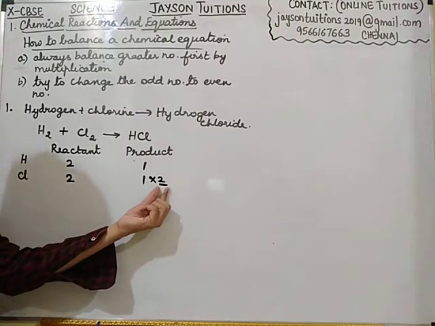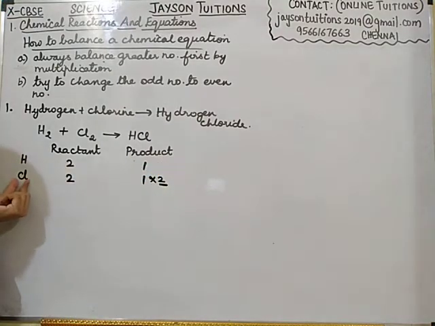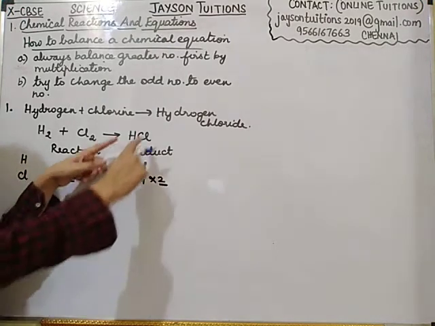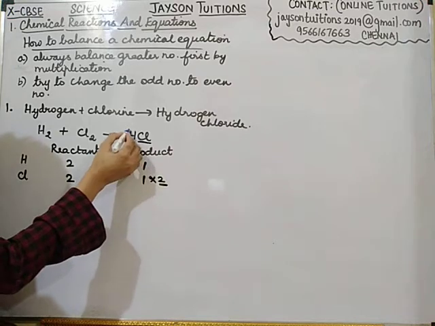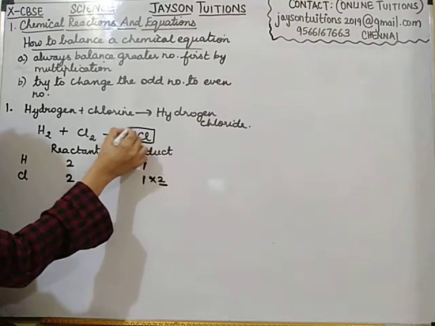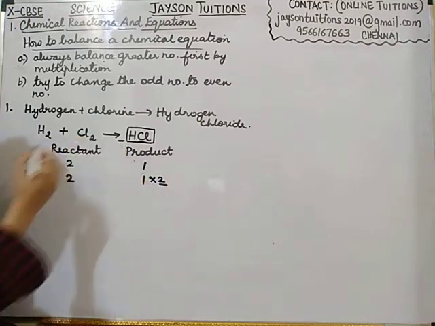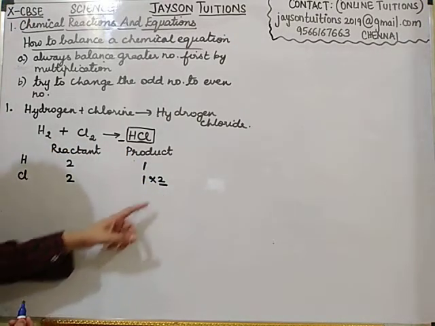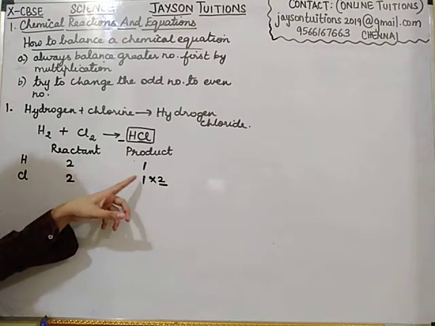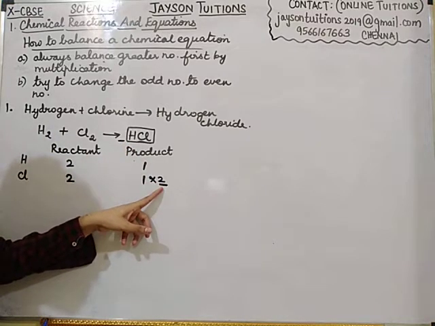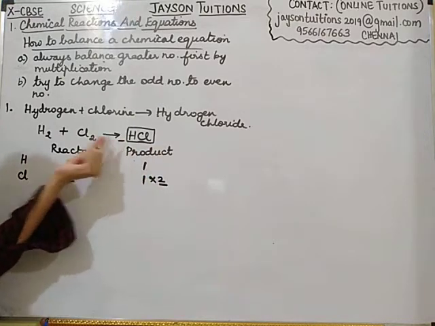I have to write it in the product side where chlorine is present, in front of this compound. Which side you are multiplying, that side you should write the number 2.